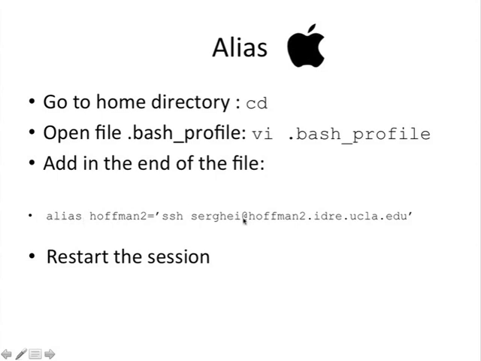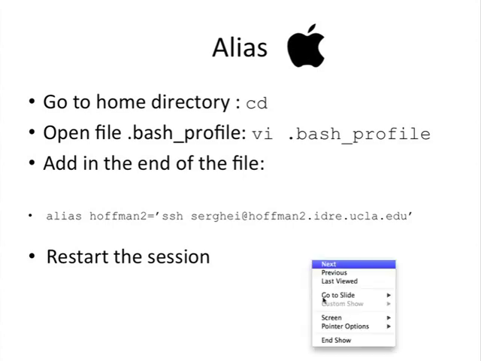Then just add one line, and try not to make typos: alias Hoffman2, or any other word you want to type to connect to the cluster, equals, single quotes, ssh, your username, at hoffman2.idre.ucla.edu. And then you need to restart the session, so basically press Command T to open a new tab.